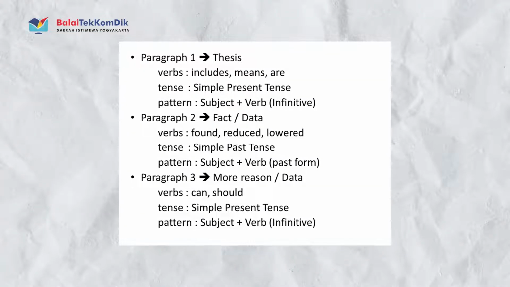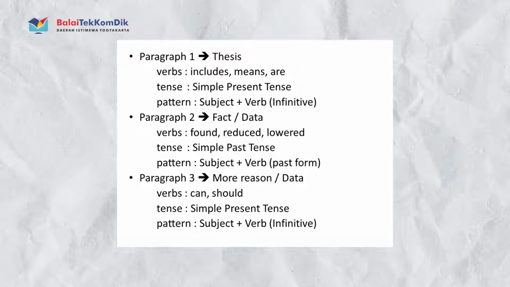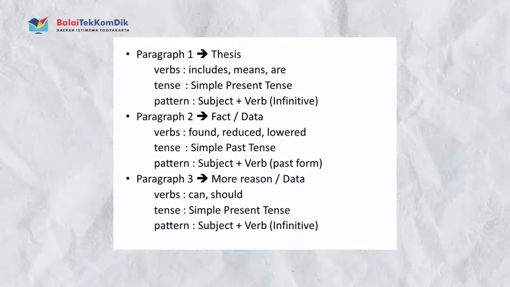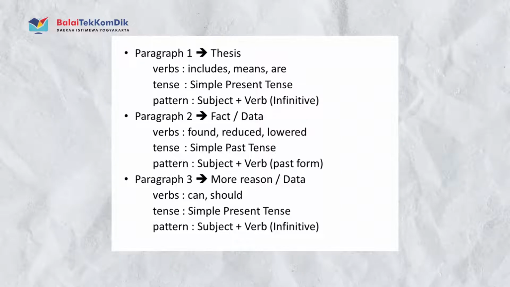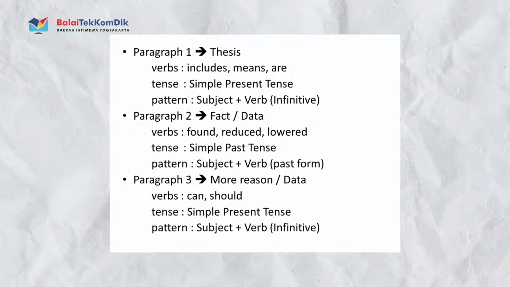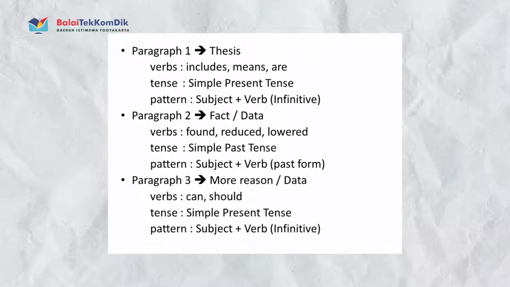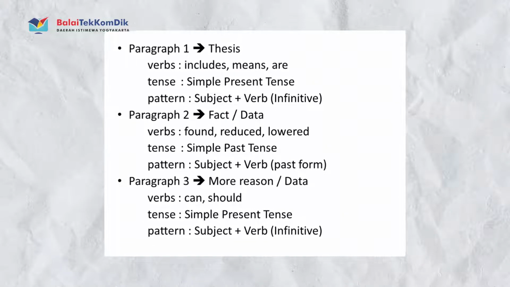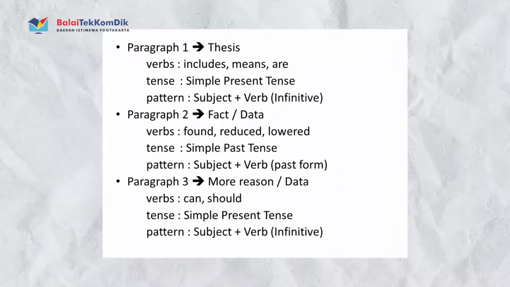However, the second paragraph contains past forms of verbs, which means it uses simple past tense. It happens because paragraph 2 presents data that is taken from the past, while in paragraph 3, we meet more simple present tense.